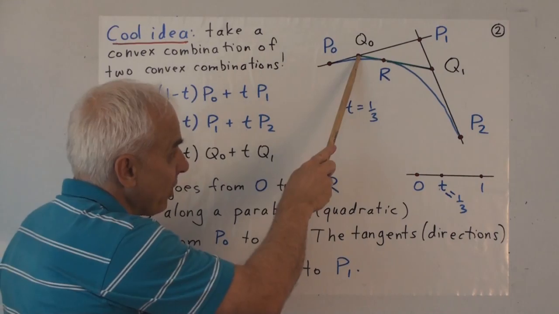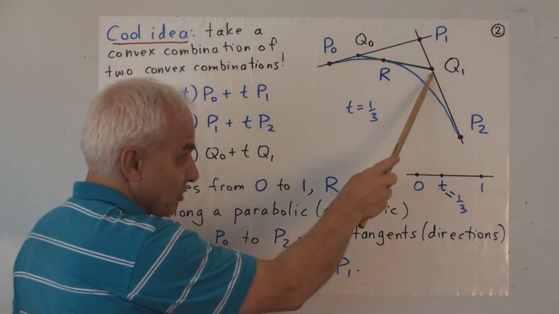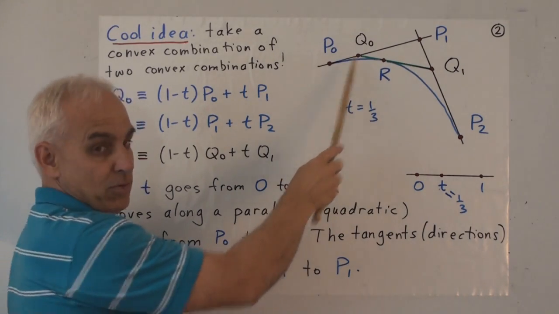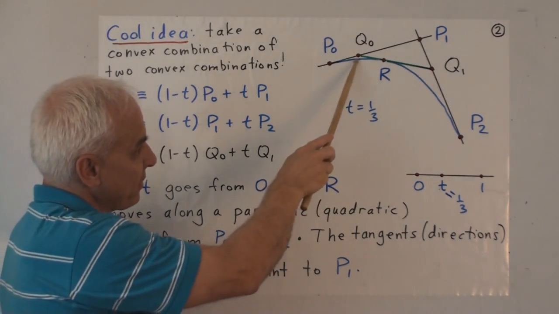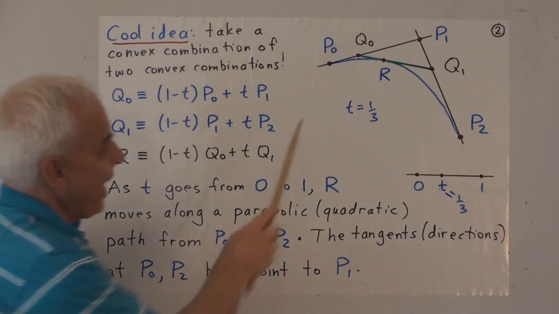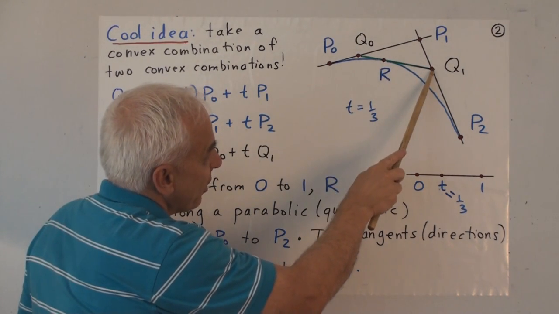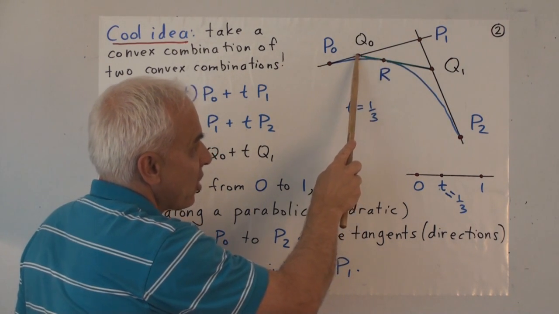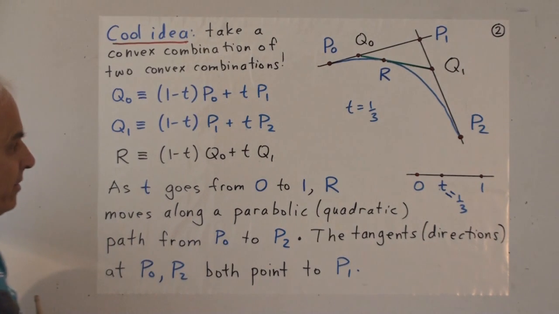So here's Q0 at some intermediate point. Here's Q1 at some intermediate point. Actually, this looks like it'd be T equals a third, because we're roughly a third of the way along. And we're joining Q0 and Q1 and taking a point R, which is a convex combination of Q0 and Q1.